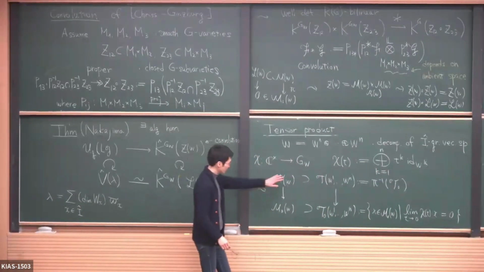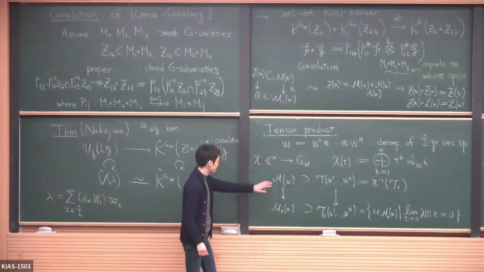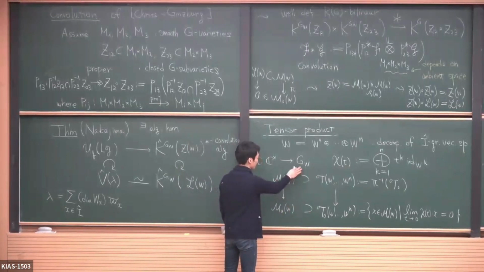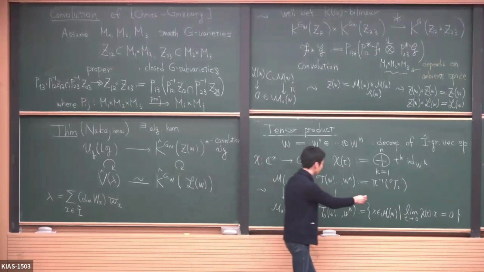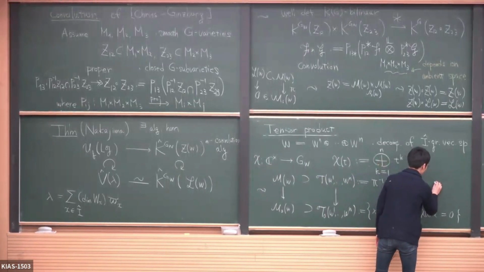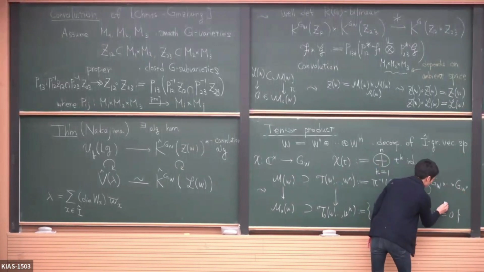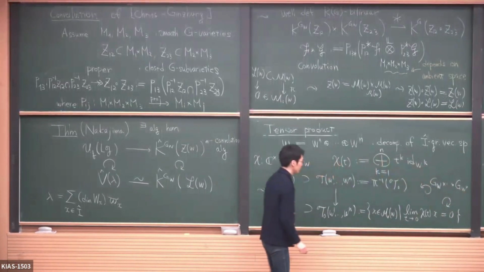And so we defined two subvarieties, and they are no longer stable under this GW action, but they are stable under the product of GW. So they act here and here.